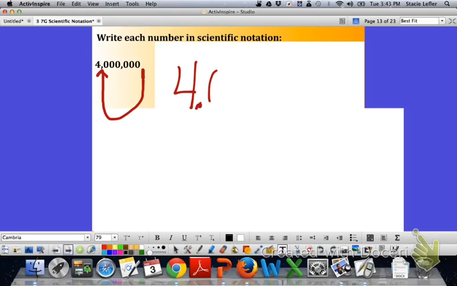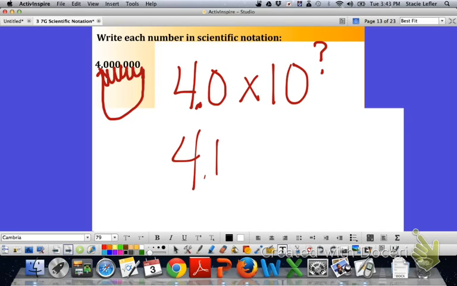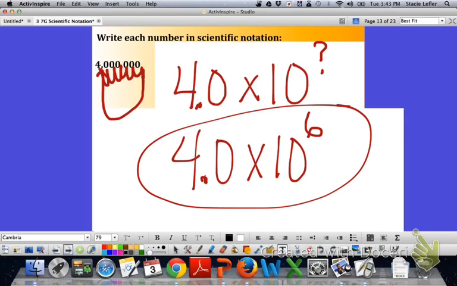So I'm going to have 4.0 times 10 to the something. In order to figure out the exponent, how many place values did it move over to get there? 1, 2, 3, 4, 5, 6. So it's 4.0 times 10 to the 6th, or just 4 times 10 to the 6th power.